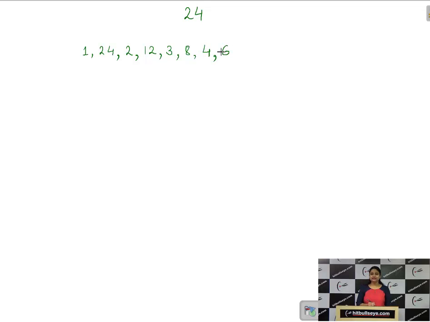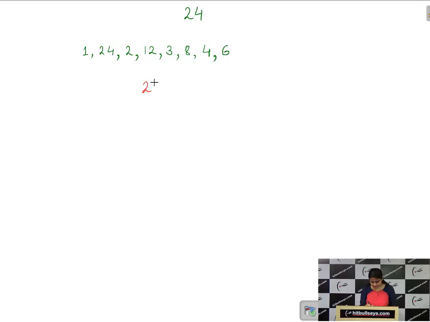So there are these many factors of 24. Now, since 24 was a smaller number, we wrote all the factors. But in case of a bigger number, we cannot list down all the factors. So we will have a formula for that.